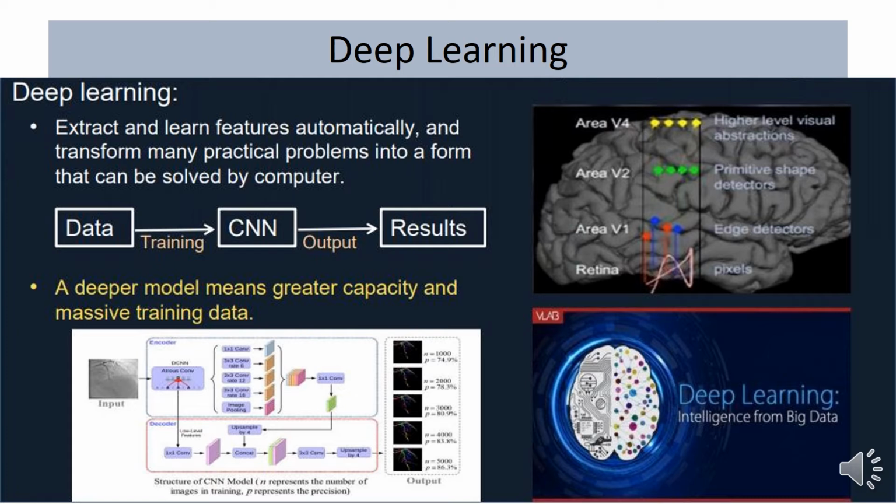Deep learning, on the other hand, uses multiple layers to progressively extract higher-level features from an input, which is most often an image. In such a manner, these networks transform many problems into a form that can be solved by computers. Deep and more intricate models mean greater capacity, but on the other hand, require significantly larger data sets.